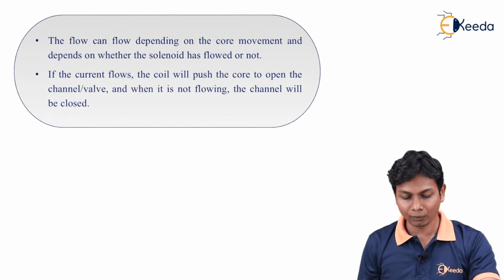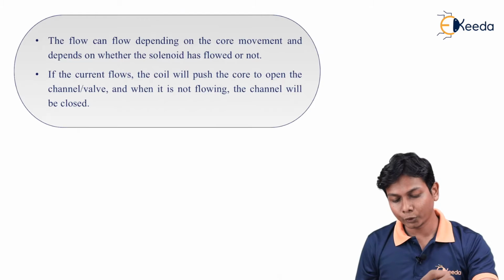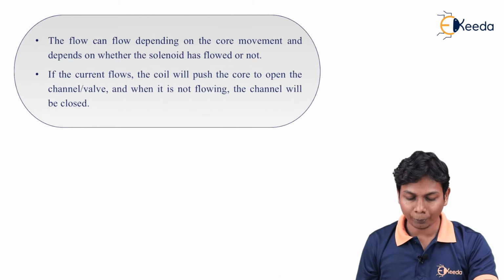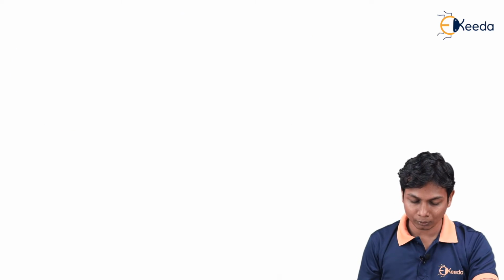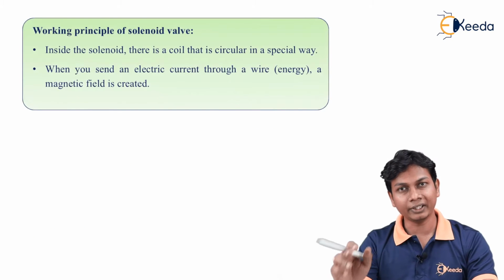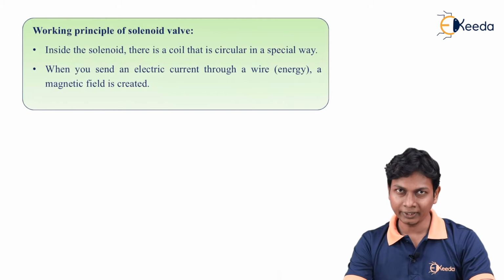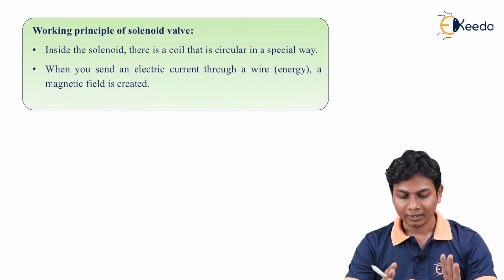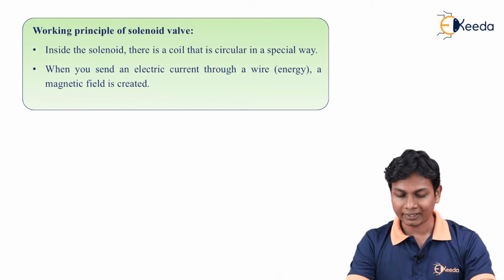If current flows, the coil will push the core to open the channel or the valve, and when it is not flowing, the channel will be closed. As you see here, the channel becomes closed. The working principle of a solenoid valve is that inside the solenoid there is a coil that is wound in a special way.